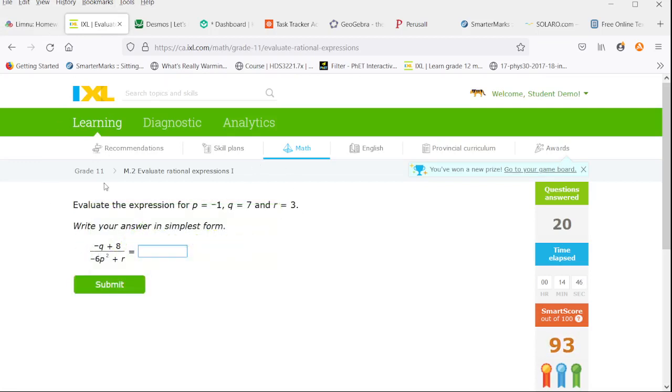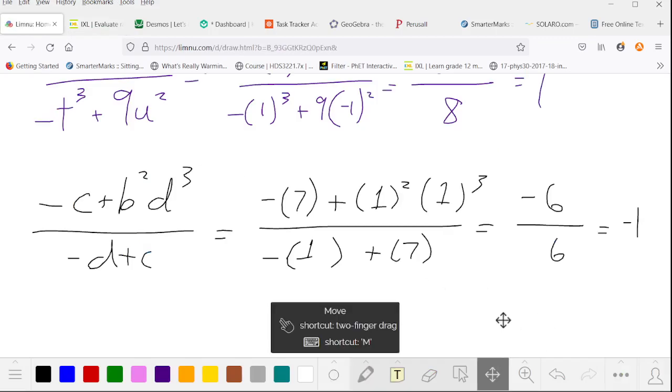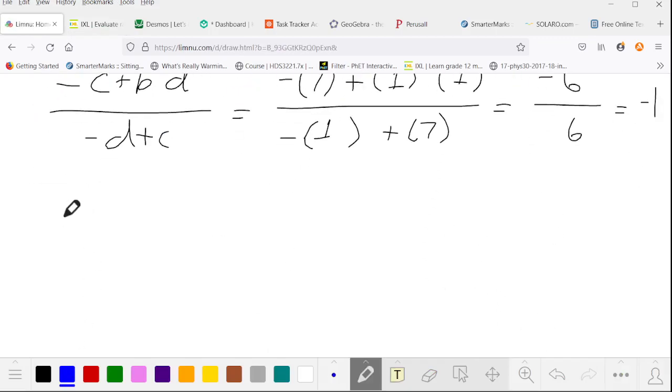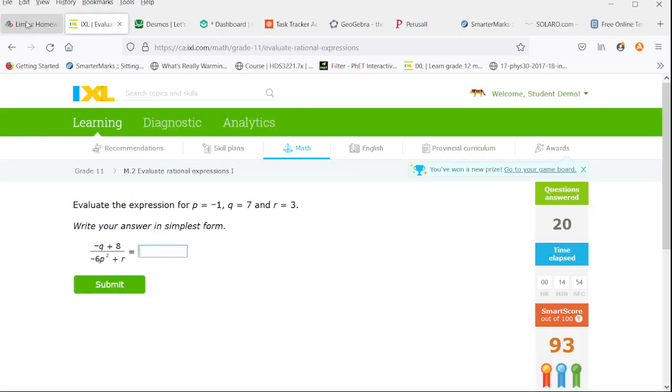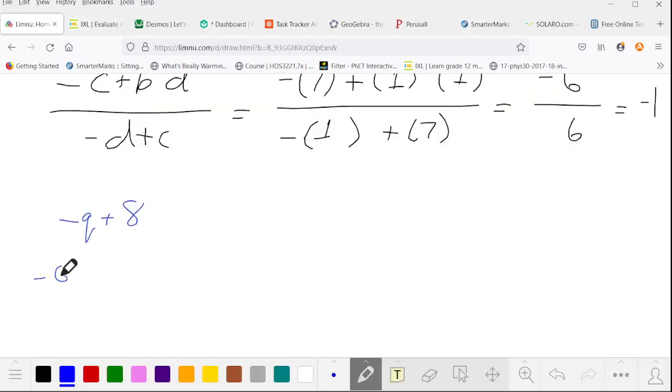So now we have negative q plus 8 over negative 6p squared plus r. And we want a value of q of 7.